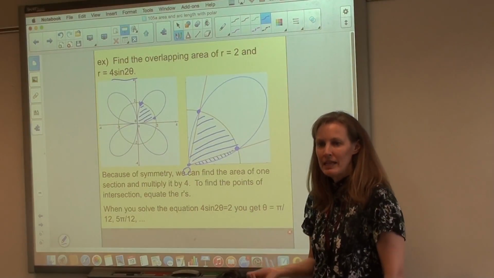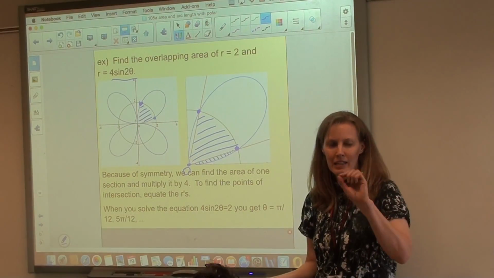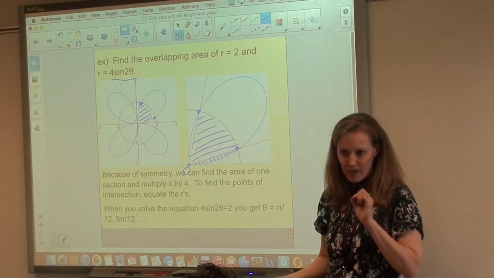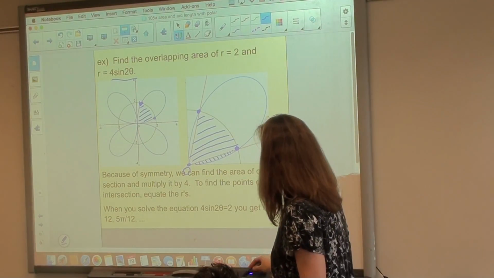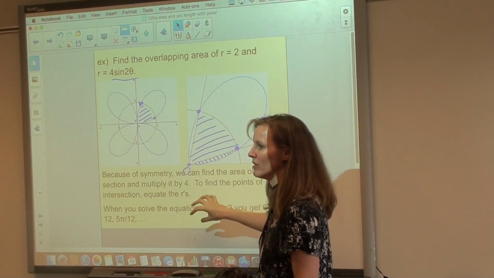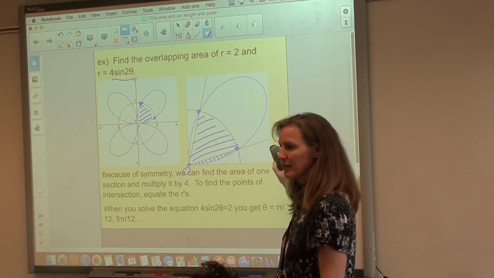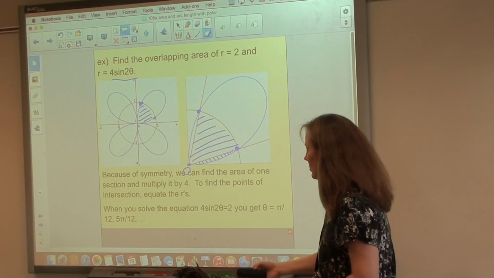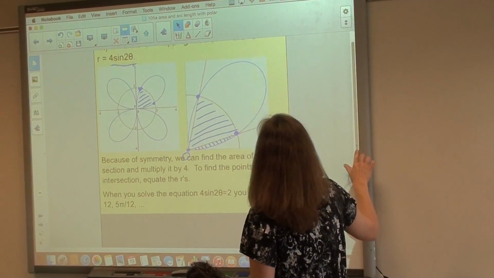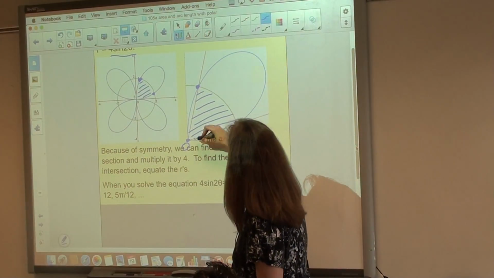Beginning angle for what you want to ending angle for what you want. The angles don't have to bound the picture. They just have to be the beginning and the ending. See this sliver?